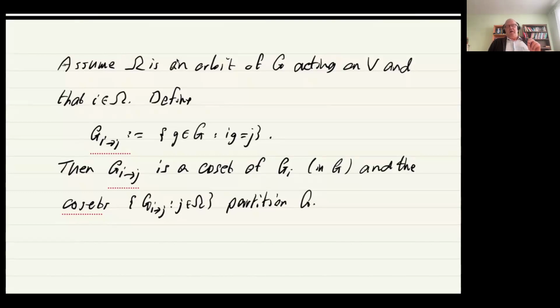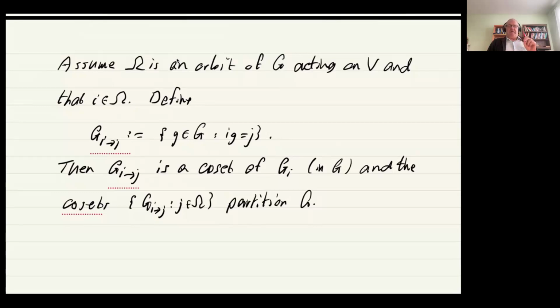Now, my claim is that this is a coset of G sub I. In fact, if you want to map I to J, you can pick any element in the stabilizer, which maps I to itself, and then pick a permutation which maps I to J. And every permutation that maps I to J can be expressed in that form. Since this is not a group theory course, I'm not going to set it as an exercise, but every element that maps I to J can be broken up in a number of ways.